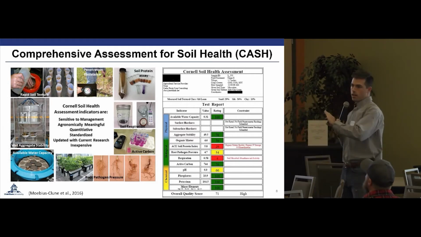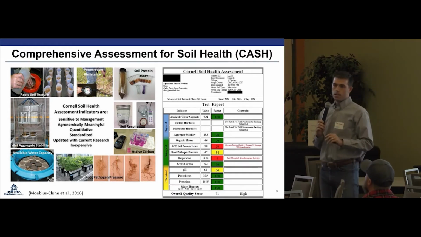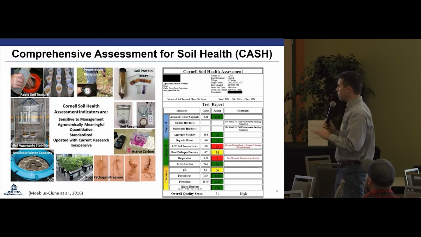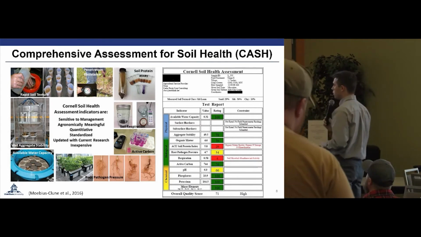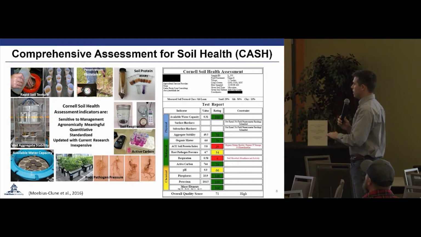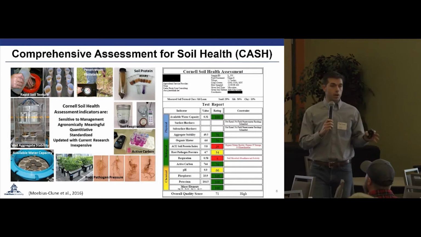And that part of this soil health test is, I think, really the most important aspect of it, in that it's going to show you, for example, in red there, the soil protein index has a low rating. So it's going to tell you that your organic matter quality and organic nitrogen storage is constrained in some way.